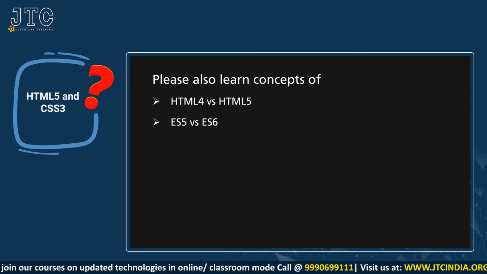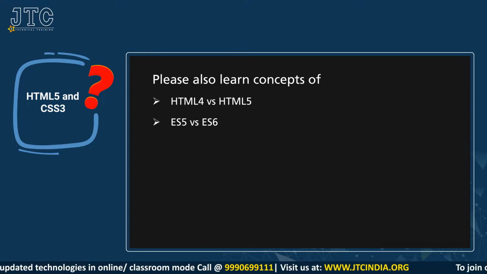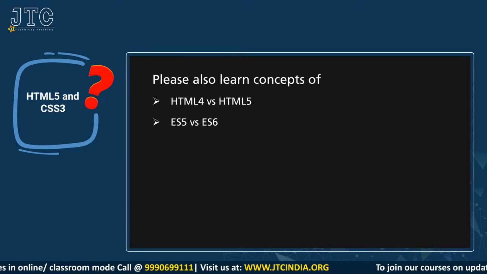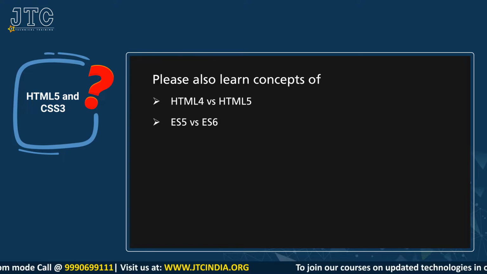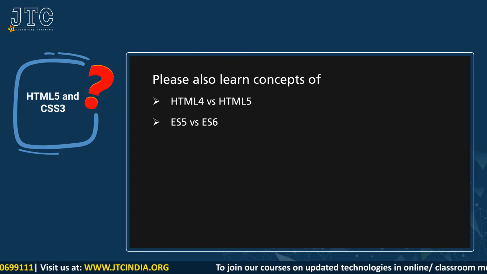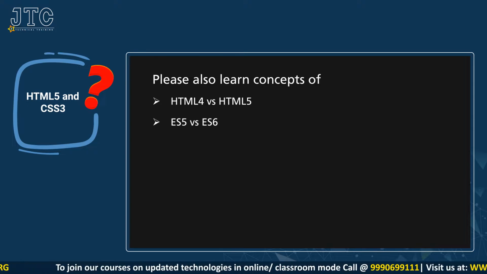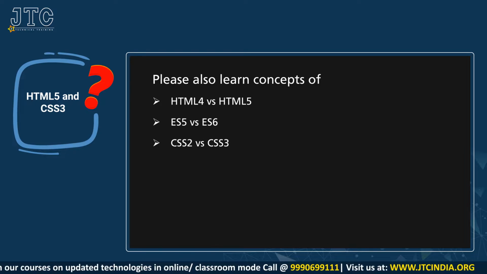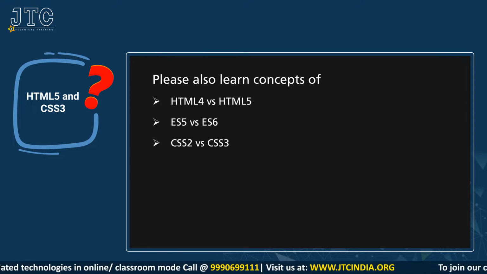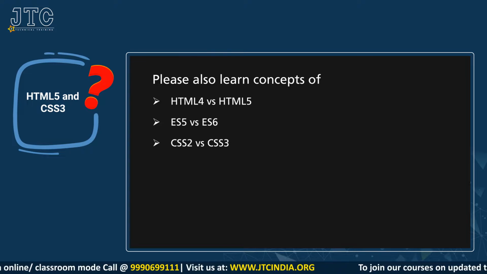So you can see HTML5 is the set of the latest features that we have for HTML. And along with HTML5, people expect you to know certain things about CSS3. Again, we had CSS2 and then CSS3, and the world got stuck between CSS2 and CSS3 for a very long time.